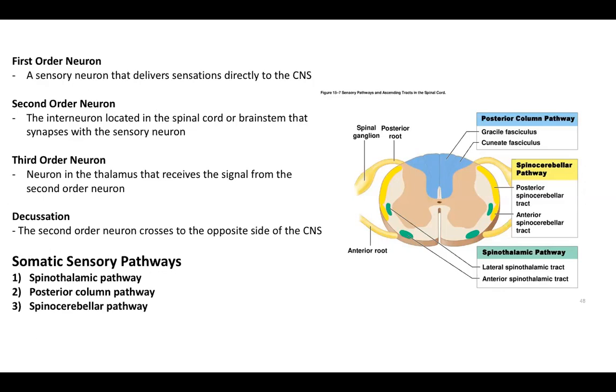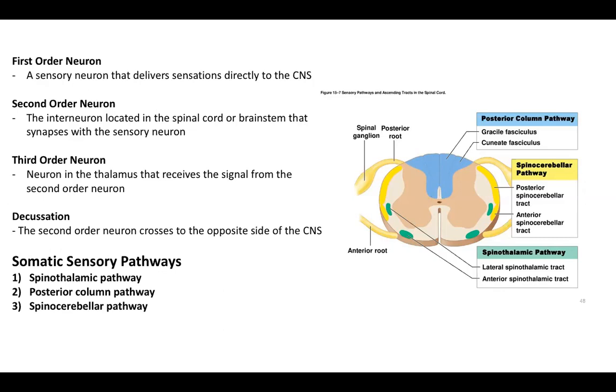A second order neuron takes the information up to the thalamus. So we synapse here in the posterior horn, we go to a specific track, okay, a posterior column pathway or a spinothalamic pathway or the spinocerebellar pathway, and we go up. Okay, so these white tracks take us up, okay, they go up to the thalamus where we synapse again.